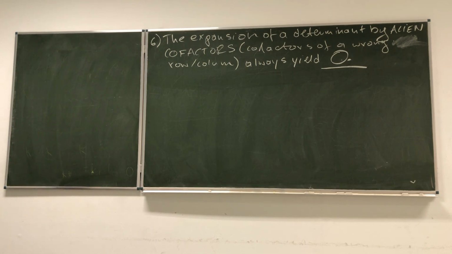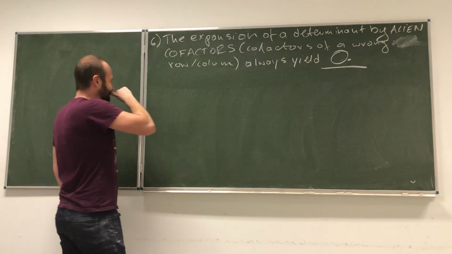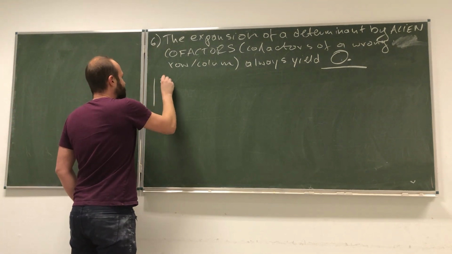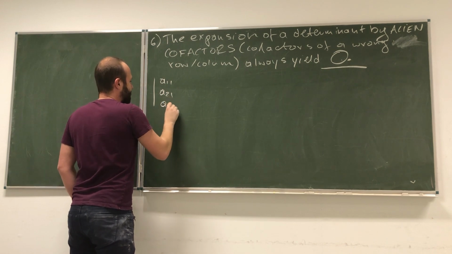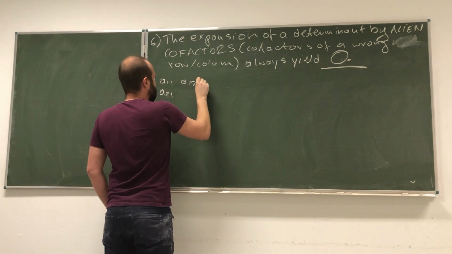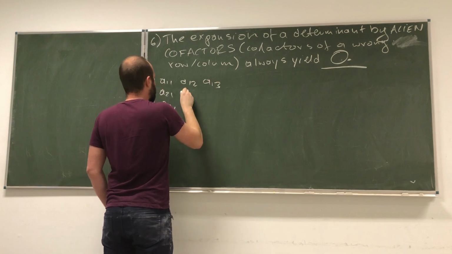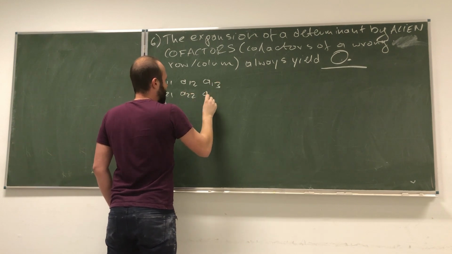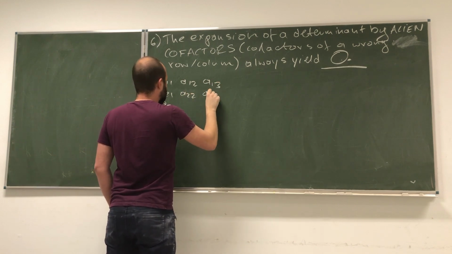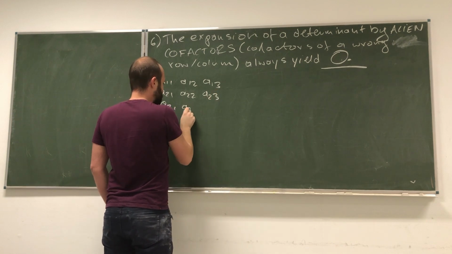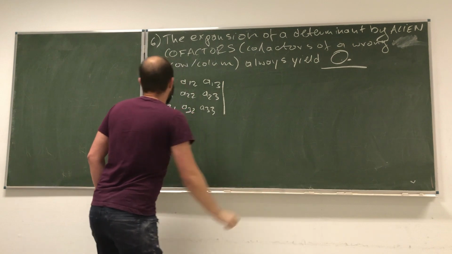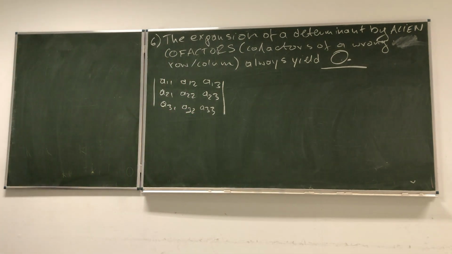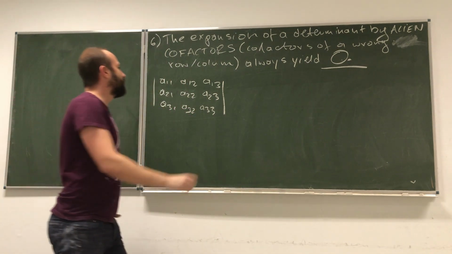Let's illustrate it again with the determinant with elements A11, A21, A31, A12, A22, A23, A32, A33. When we did Laplace expansion, we were doing it like this.